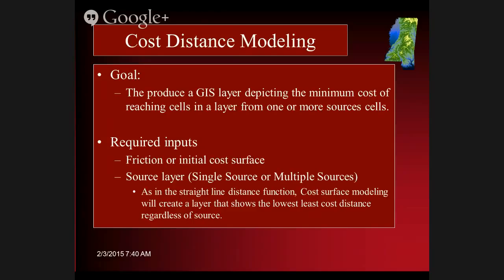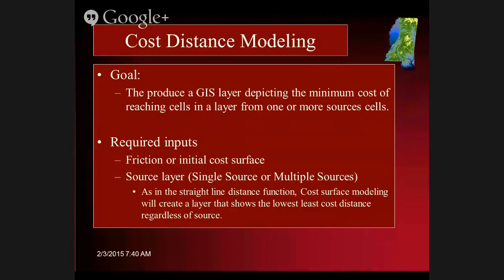We can't create a cost distance grid and use it for any other purpose than to find the distance back to that source. So if we have another source that we need to start thinking about, we need to create a new cost surface. So those are the inputs: the friction, or the initial cost surface, and that friction or initial cost surface can be universal.